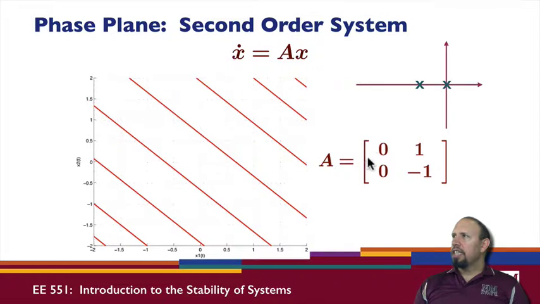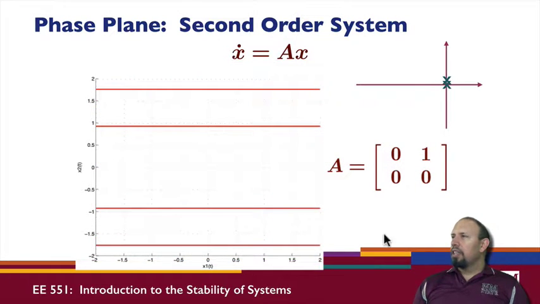So clearly this system is not stable, because it doesn't go to the origin. So we have a pole on the imaginary axis, which is the boundary of stability. Similarly, here I have two poles at the origin, and this is the kind of response we get. It just continues on constant. So poles at the origin are definitely not stable.